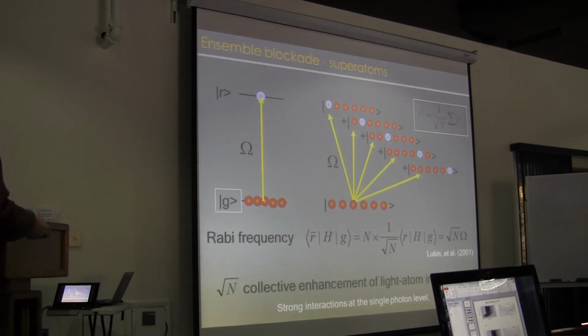And so the Rabi frequency is proportional to the matrix element between the ground state and this many-atom singly excited state. So each ket in the superposition couples with a one-atom Rabi frequency, and then each ket has this 1 over root n normalization, but there are n terms.